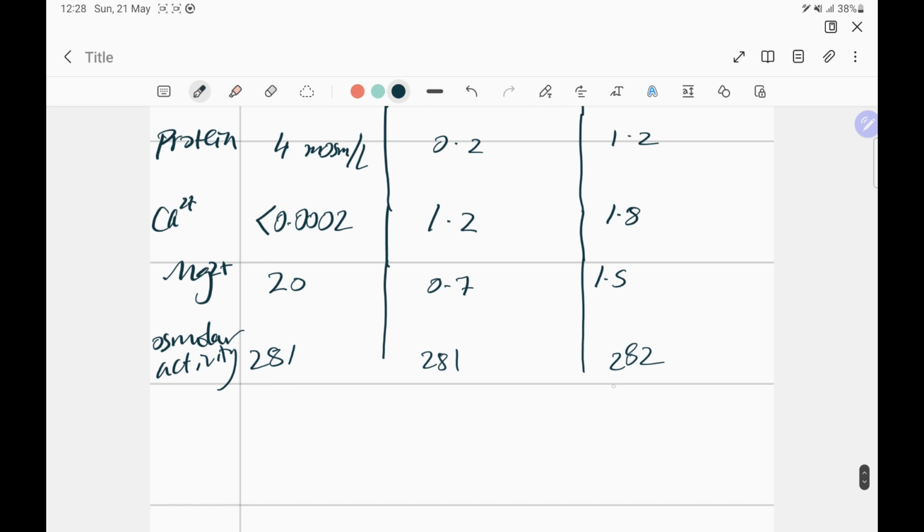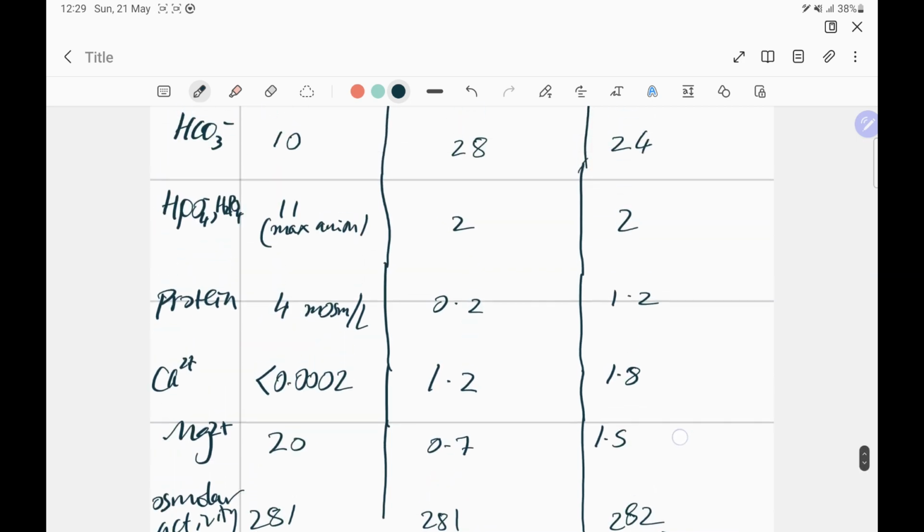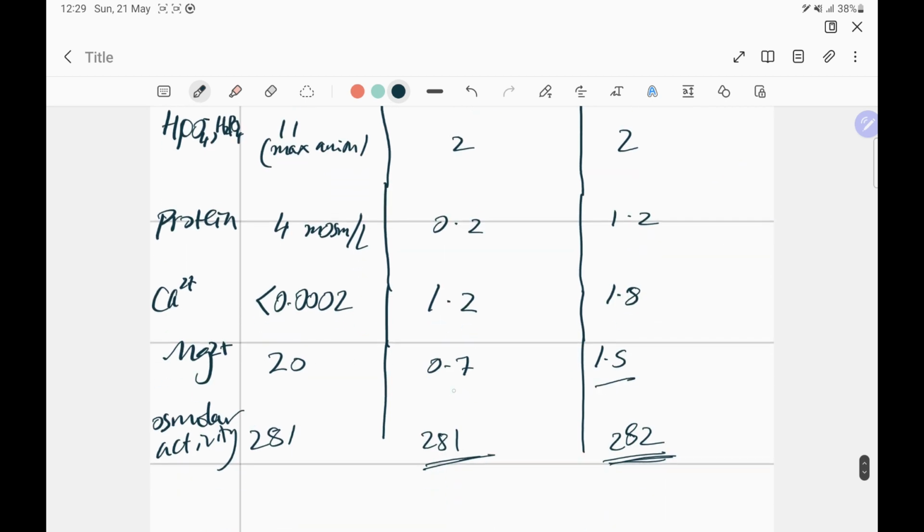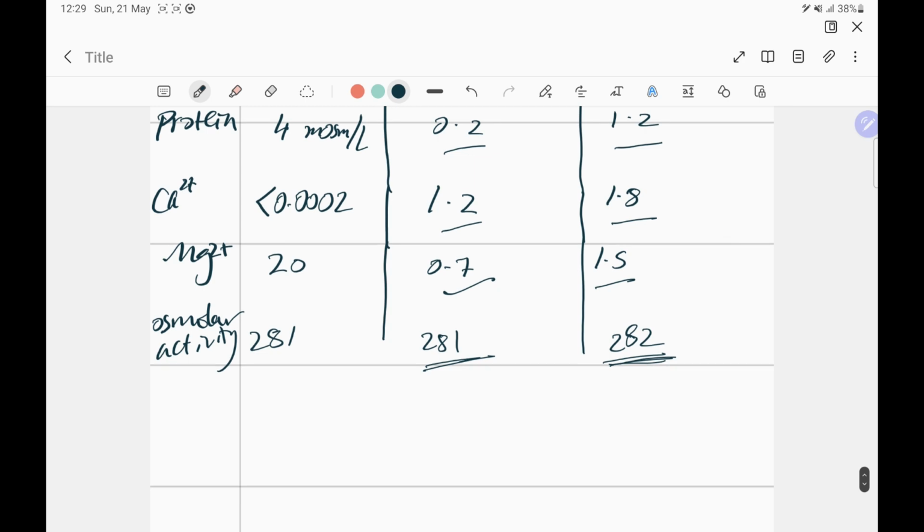So that means there's a little more osmotically active particles in the plasma, in the blood, compared to the interstitial fluid. Now, why does this happen? Again, this has something to do with Gibbs-Donnan. When it comes to differences between the plasma and the interstitial fluid, there is a concept called Gibbs-Donnan, which I'll be speaking about very soon. But just be aware of these discrepancies over there.